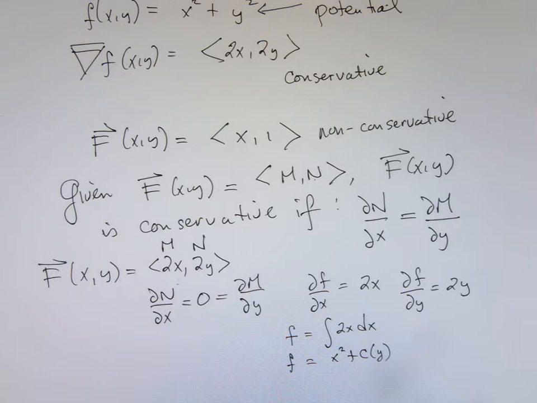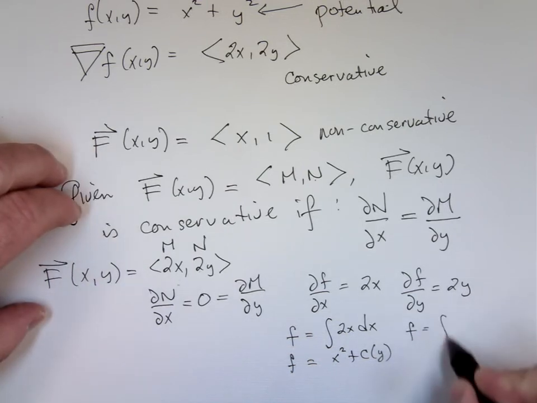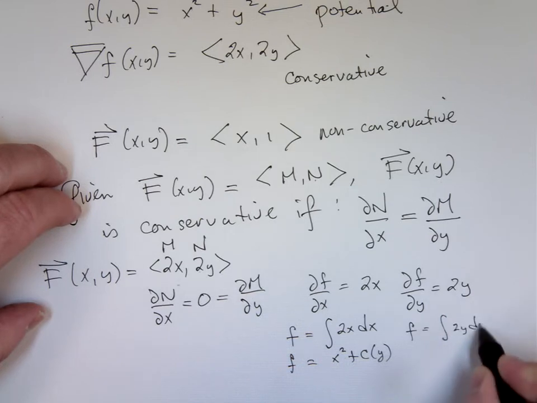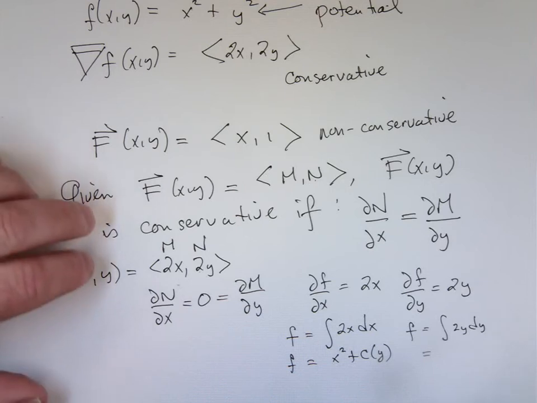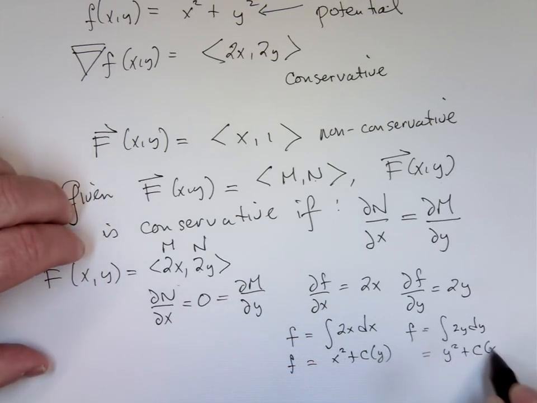The constant of integration here could be a function of y. Also, our function, when we integrate 2y with respect to y, what's the integral of 2y with respect to y? It's y squared, plus possibly a function with respect to x.